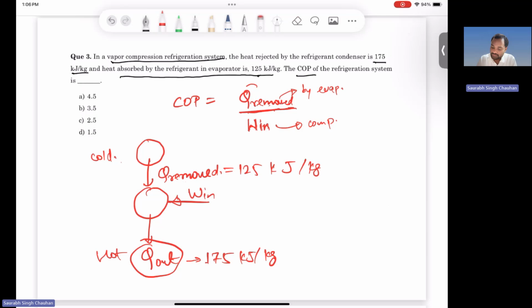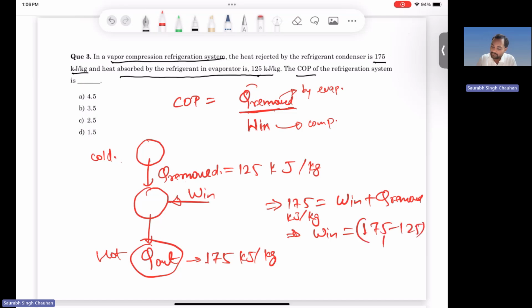Okay, so this 175 should be the summation of W in plus Q removed, right? Heat removed. Okay, so work input you can find as 175 minus 125 kilojoule per kg, right? So basically you're providing 50 kilojoule per kg. This is your work input.